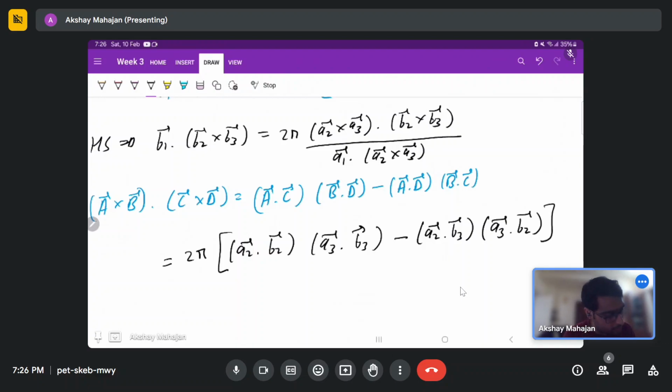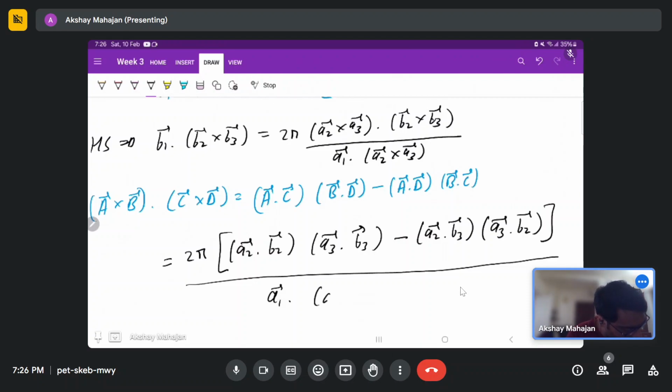This whole divided by e1 vector dot e2 vector cross e3 vector, right?